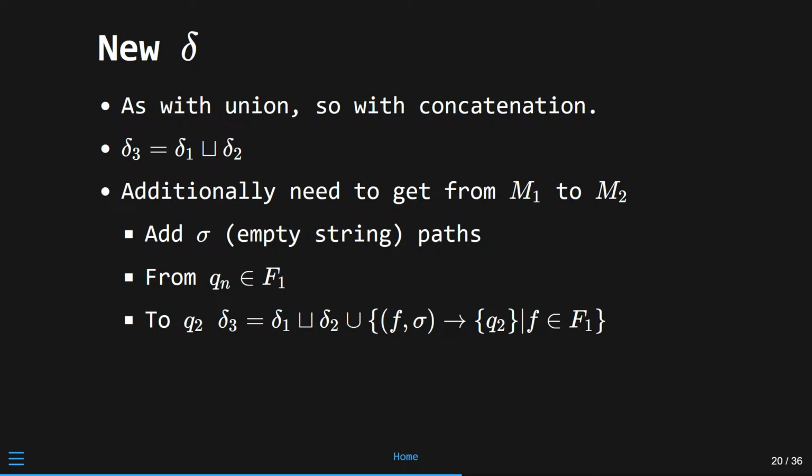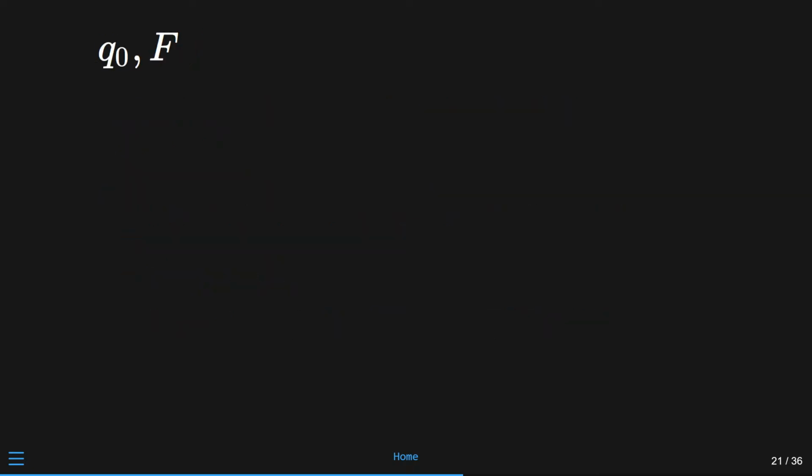So the new finite automaton has the delta of the old finite automaton, the delta of the other old finite automaton, and then for every element of the accepting states of the first finite automaton, an edge going into the starting state of the second finite automaton.